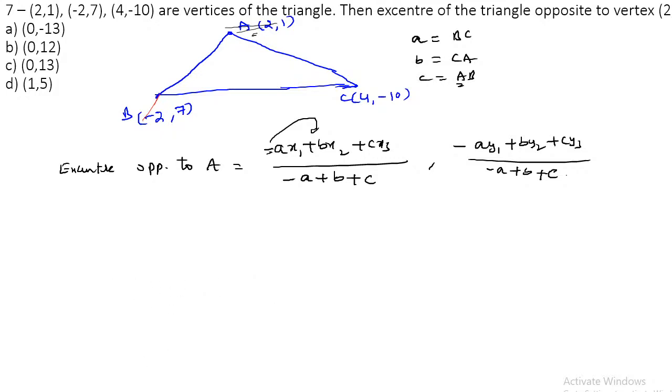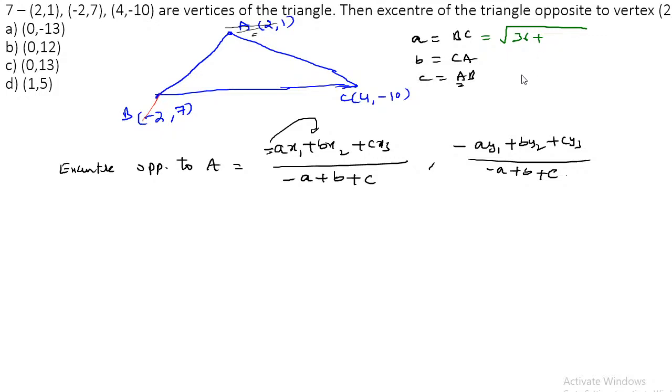Okay, so let us find the excentre opposite to vertex A. So what is A? Let us find the length of A first. A is BC. Minus 2 minus 4 whole square, which is 36, plus 7 plus 10, 17 whole square.